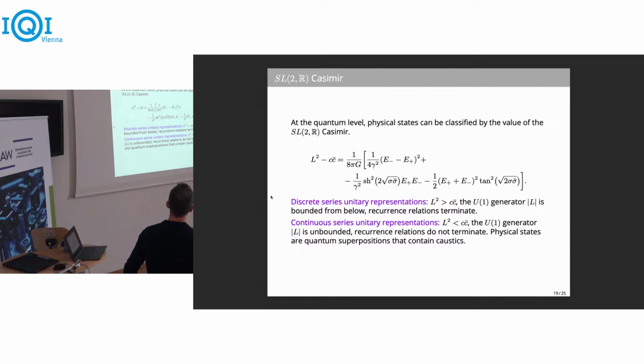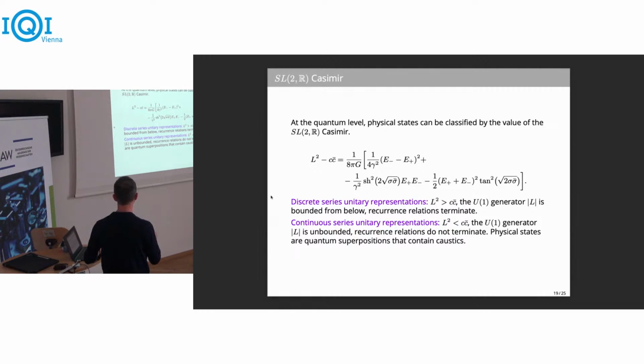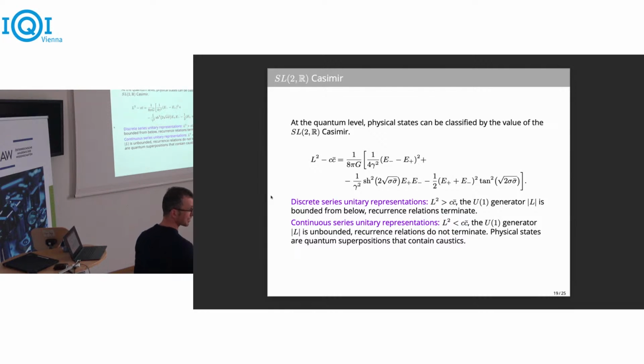And now we can ask, what is the value of this Casimir? And how do we express it? Can we express it back into geometric observables, into the area densities at the two cross sections and the shear? And the expression that you get is this. And this Casimir commutes with your constraints, so it is an observable. So it has a physical meaning at the quantum level.